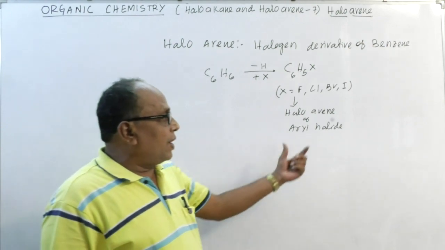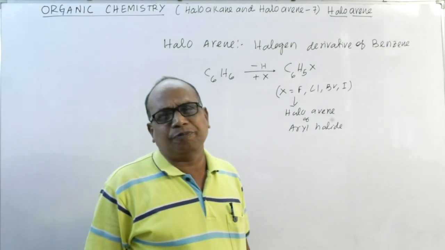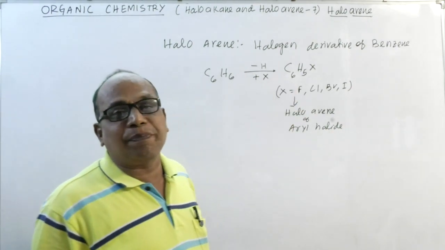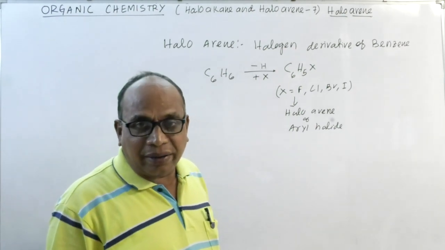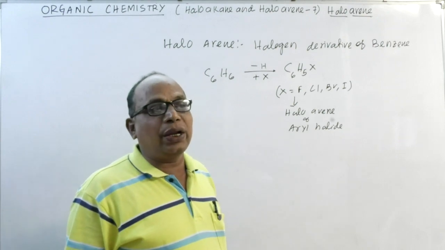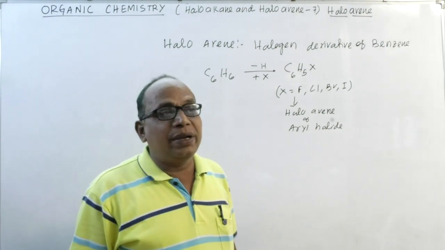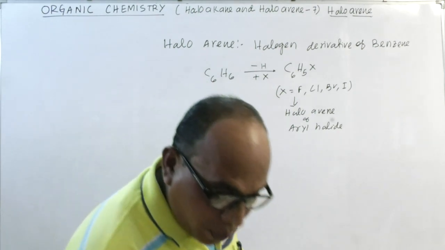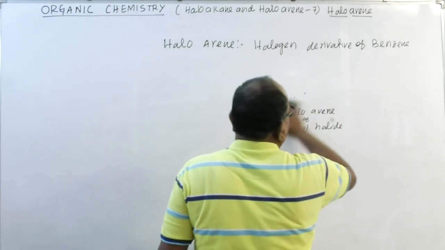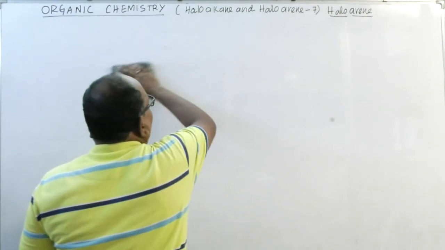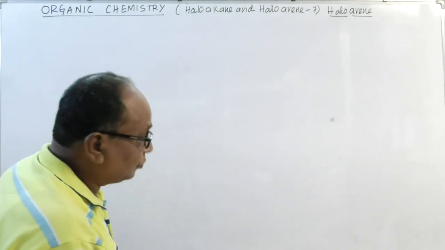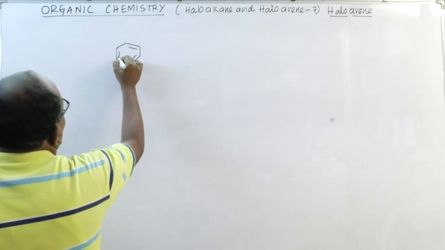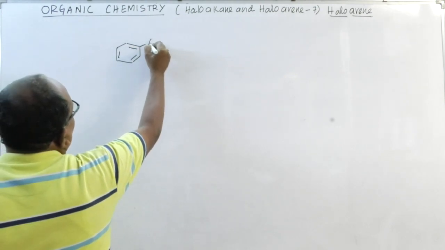The reactivity of aryl halide is quite different from alkyl halide, as the halogen atom is substituted in the benzene ring, which means the halogen atom is bonded to an sp2 hybridized carbon atom. So what are the halogen derivatives of benzene, or haloarenes? This is your benzene ring, and one of the hydrogen atoms is substituted by chlorine.